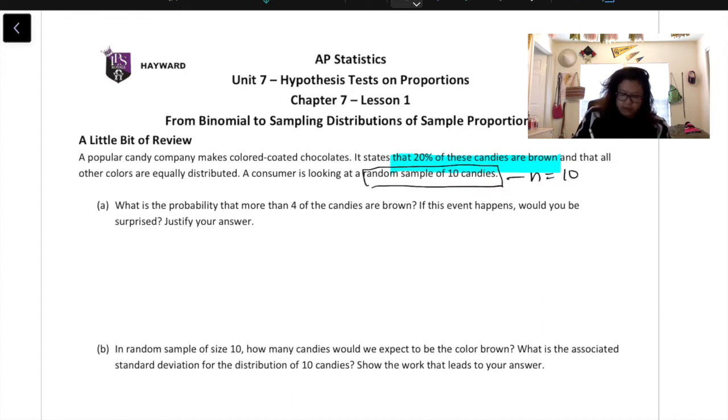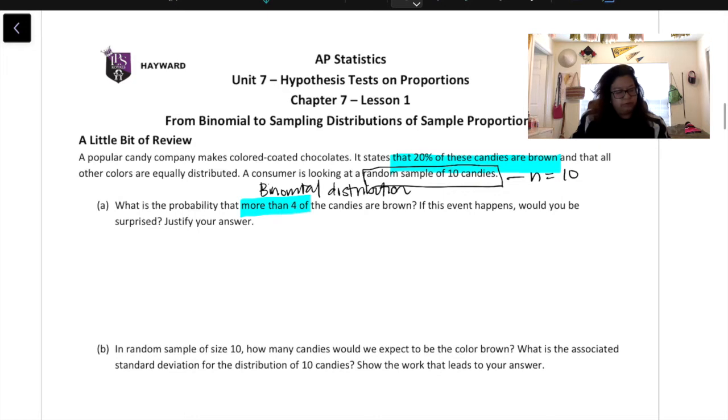Part A says, what is the probability that more than 4 of those candies are brown? If this event happens, would you be surprised? Justify your answer. The key words here, more than 4, mean that we should do a binomial distribution.